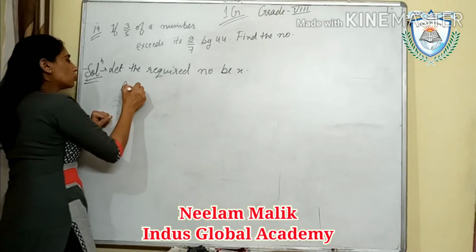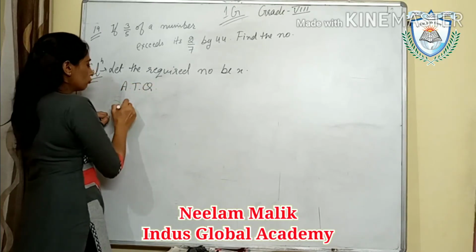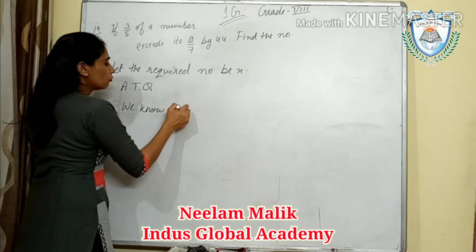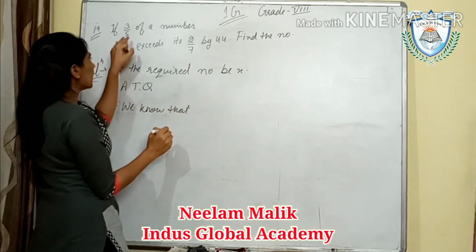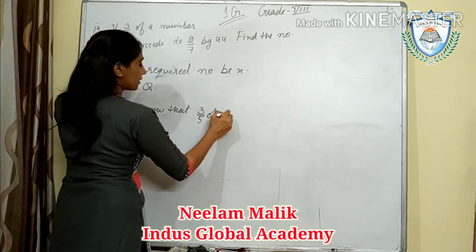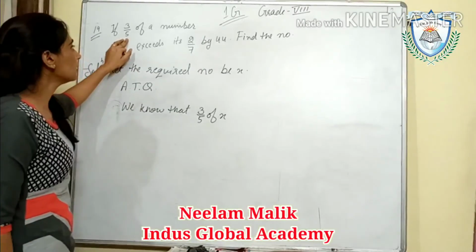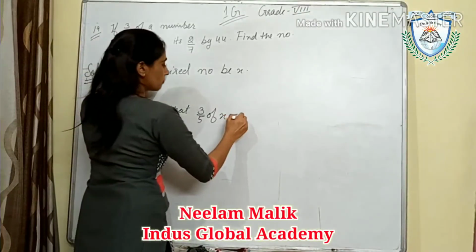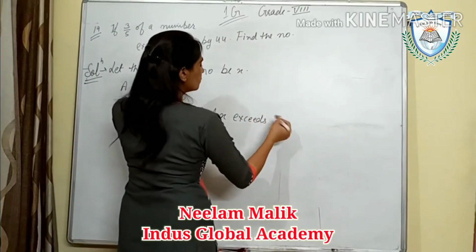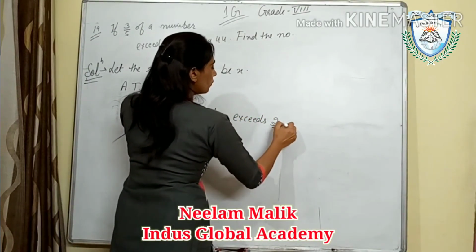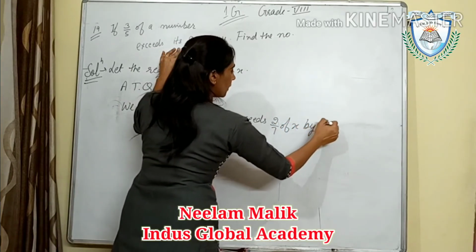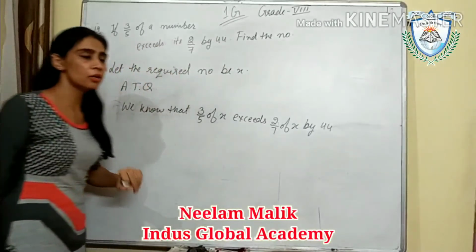We know that because it's given to us, we know that 3/5 of x, because now we have taken our number x, exceeds 2/7 of x by 44.